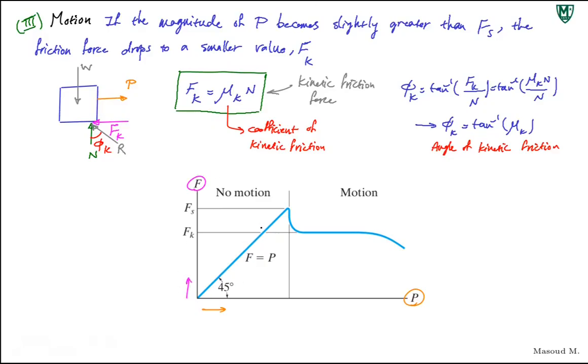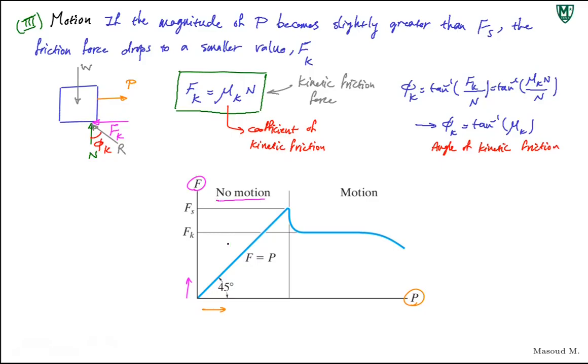It keeps increasing, with the same magnitude. Before you get into the state of motion, they both increase and have the same magnitude, because whatever force P you apply, the friction force applies the same amount of force in the opposite direction, and that's why your rigid body doesn't move. They both increase up until the moment you get into impending motion.